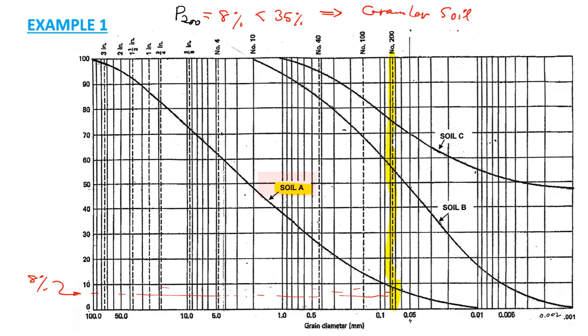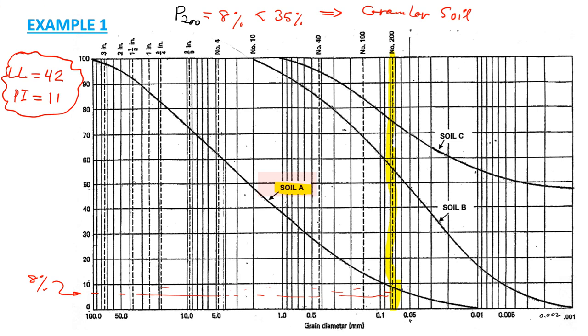In our previous class, we classified the soil using USCS, and we used a liquid limit of 42 and plasticity index of 11. So this is what we are going to use in this example. Now we have to find passing number 10 sieve.